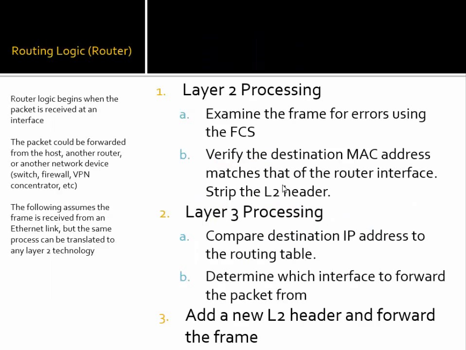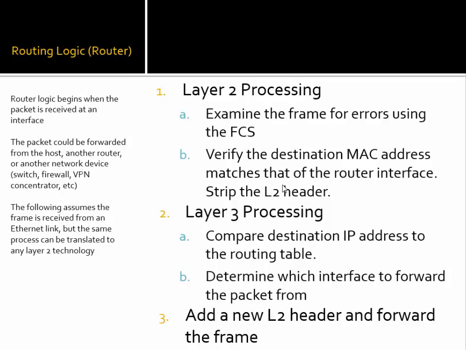The router receives the packet and goes through a process of determining how to handle that packet. The first step is to verify that the packet is received without errors. It uses a frame check sequence to verify that the packet is not corrupted. When the source built the Ethernet frame for that IP packet, it computed the frame check sequence and appended it to the frame.